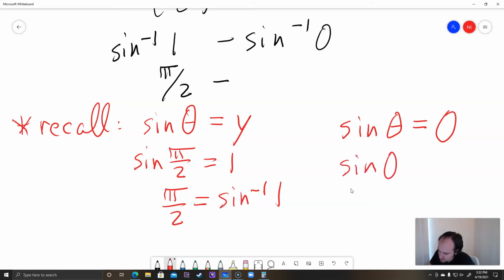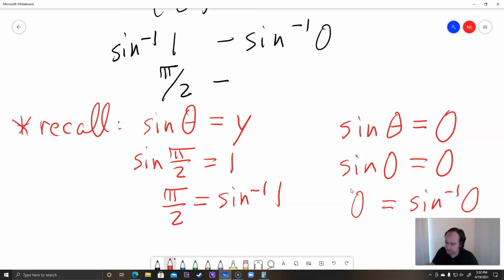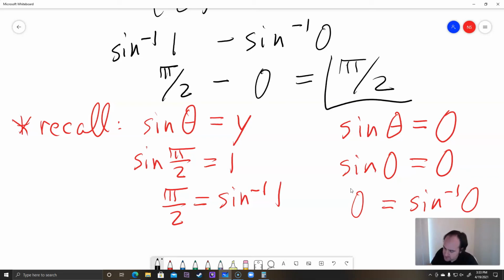So sine of 0 equals 0, which means 0 equals sine inverse of 0. Or just use a calculator. Calculator's way faster. Okay, so we really have pi over 2 minus 0, which is pi over 2. Okay, so our answer is pi over 2.